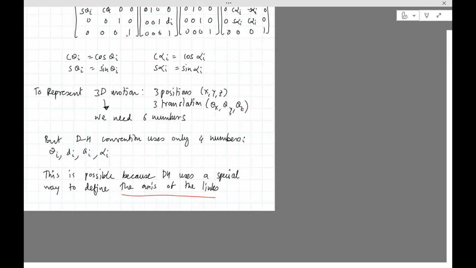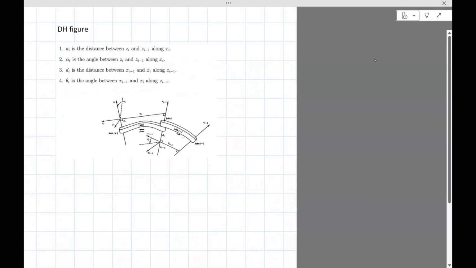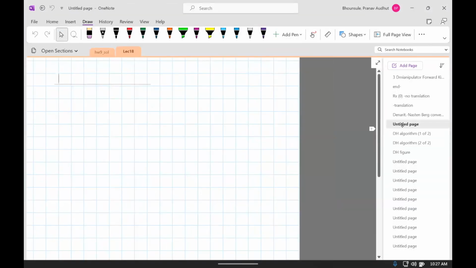So what are these special ways? There are actually two things which DH does. I'll write them down.